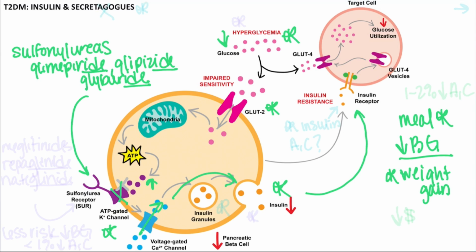So setting appropriate patient expectations is important. So these drugs have been around for a long time, so they are pretty cheap and can provide a good 1 to 2% reduction in A1C. Now we will shift our focus onto the non-sulfonylurea secretagogues, being the meglitinides.